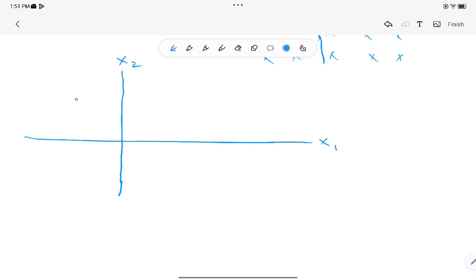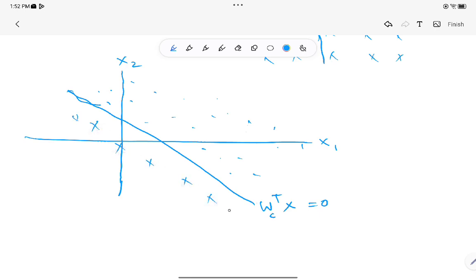This is the correct w, w^T x equal to 0. Let me call it w_c, meaning correct w. Since this is the correct w, it will have these dots on this side. That means obese on this side. Each dot means an obese person. And it will have these non-obese on this side.